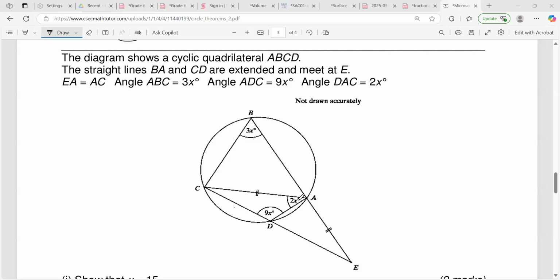EA, so that's from E to A, is the same as A to C. So see there, they actually indicate that when you see these little things like that, they put two strokes, it means that both of them are equal in terms of length, so that it automatically makes these two angles equal. So that's how I want you to figure it out, guys.